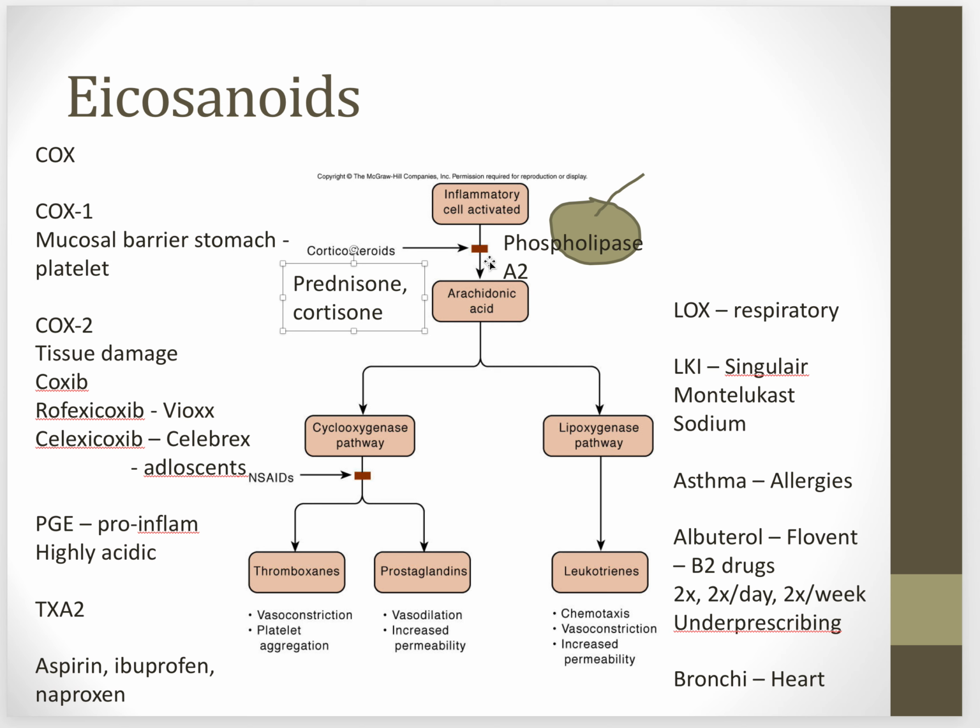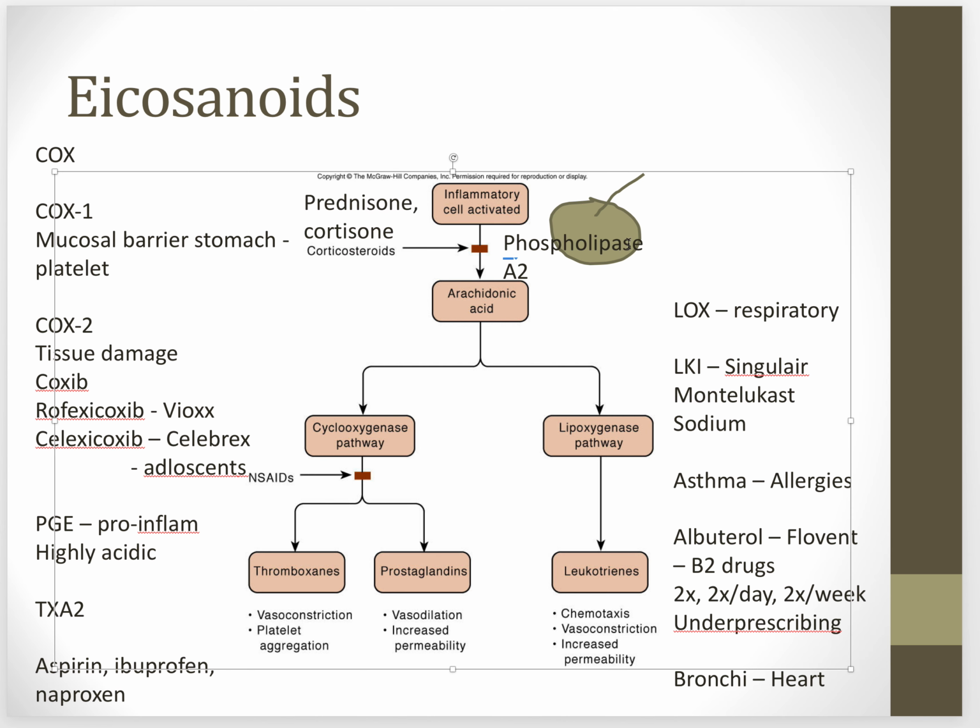Steroids also break down your connective tissue, make diabetes worse, and make glaucoma and cataracts worse. So you can't give them to everybody all the time, but they are very potent because they block phospholipase A2.